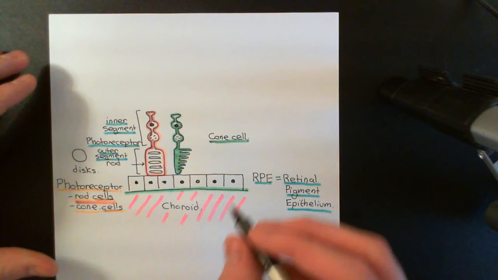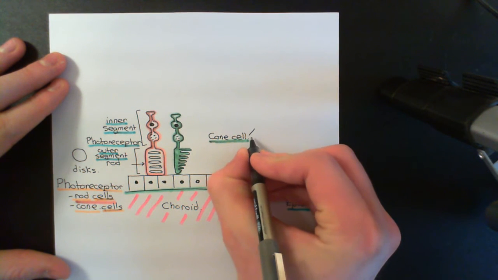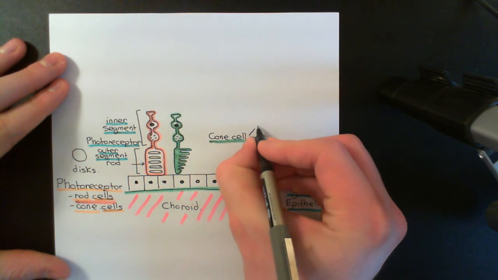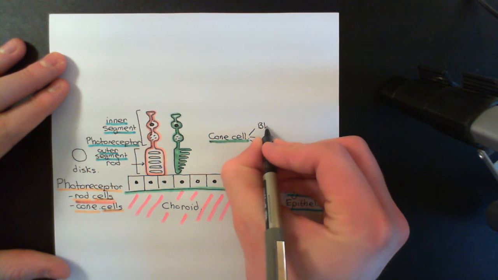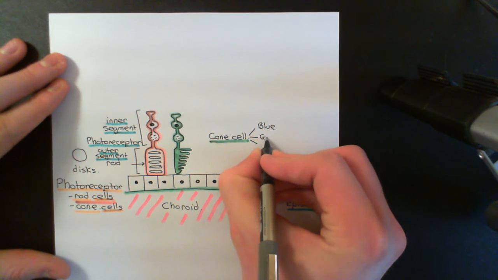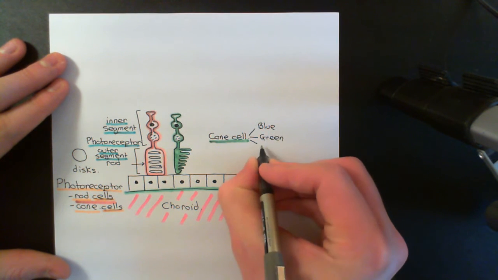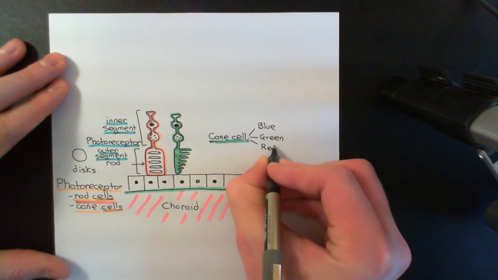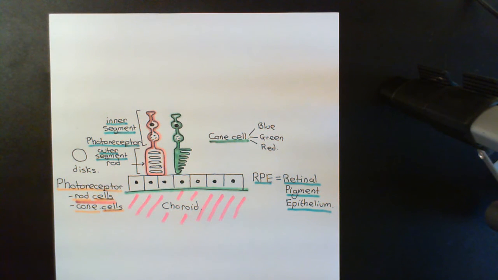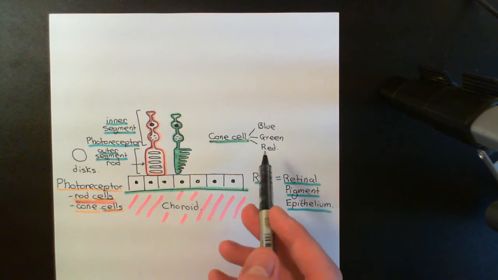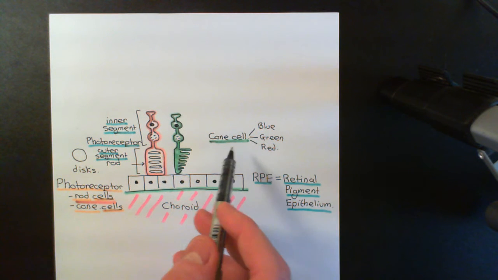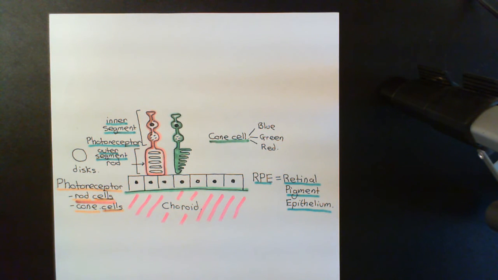Okay, so you actually have 3 different types of cone cells which used to be called blue cones, green cones, and red cones, and clearly this is talking about which colour light they prefer to absorb. However, there is a better name for them, because actually when we study these in more detail, we'll see that red cones don't really actually brilliantly absorb red light.